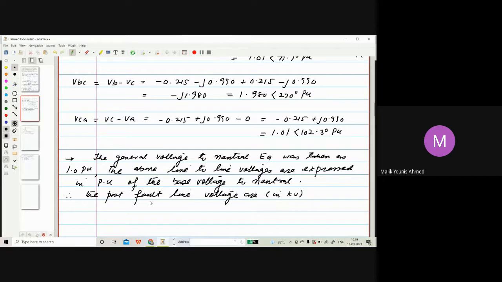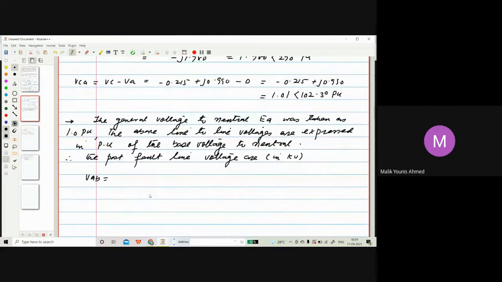In actual value, the post fault voltage VAB will be what? The per unit value, taking magnitude and angle, was 1.01 at an angle of 77.7. So 1.01 at an angle of 77.7 multiplied by the base value 13.8.